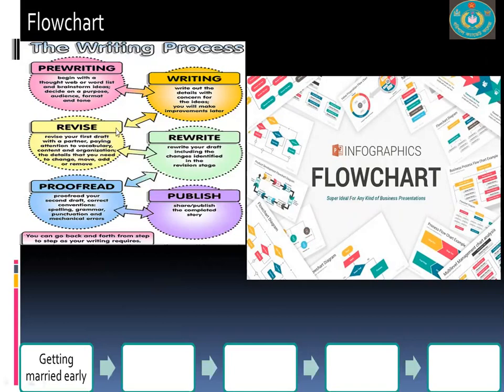Dear cadets, I'd like to tell you something very important. In your English first paper, there are a few new things added to your syllabus. What you have learned in classes 9 and 10, the syllabus of English first paper for class 11 is a bit different. There you will find some new items. Flowchart is one of them. The interesting part about flowchart is it is like math.